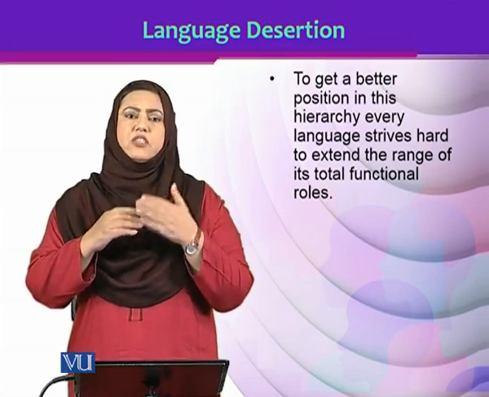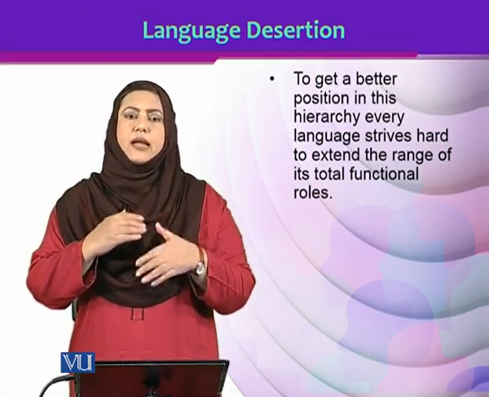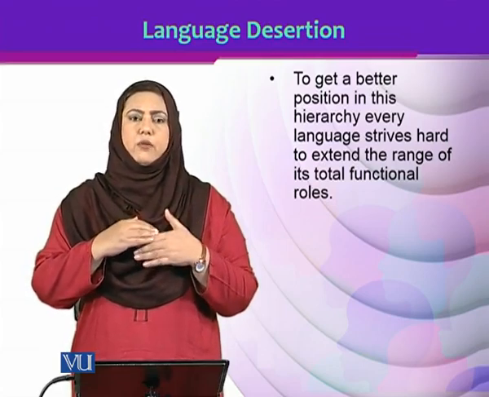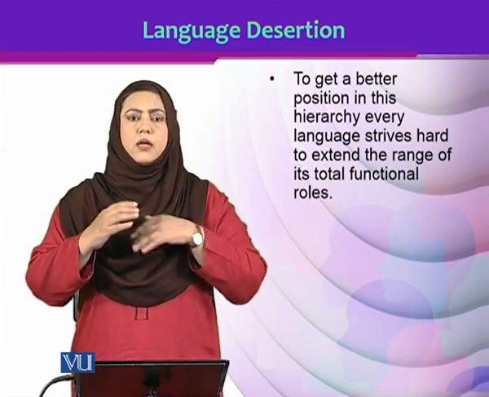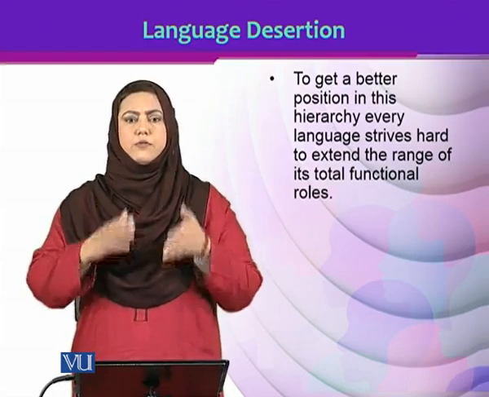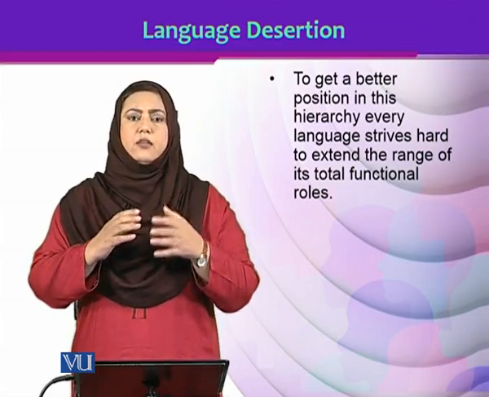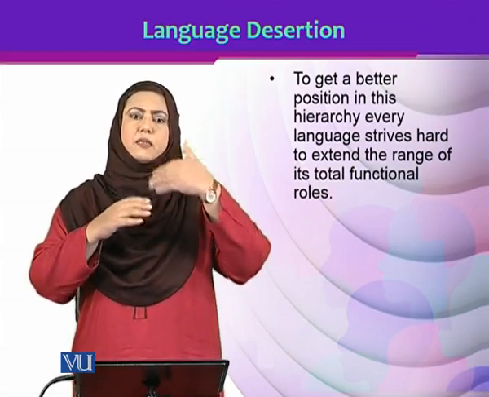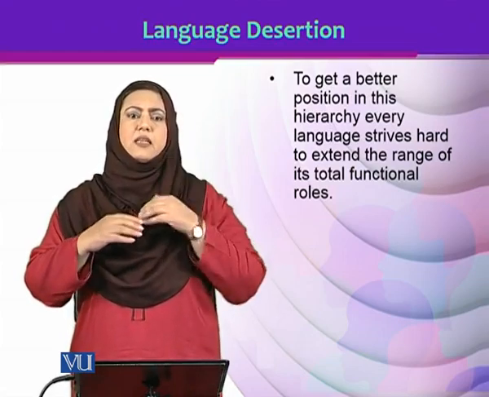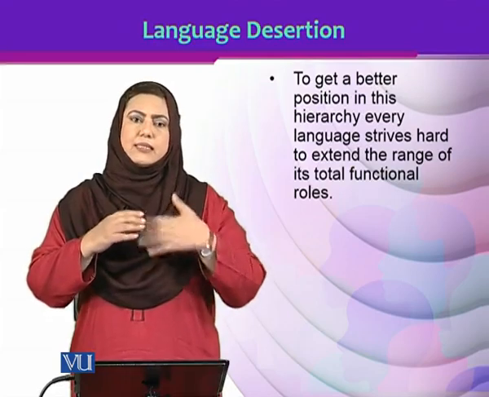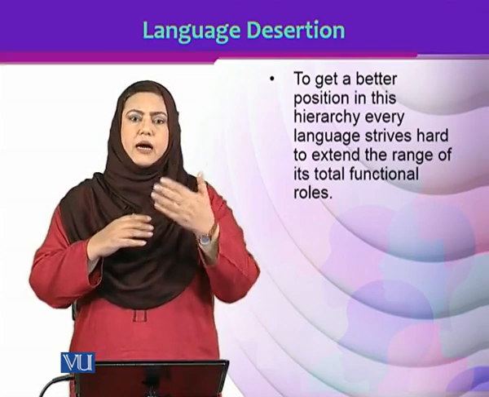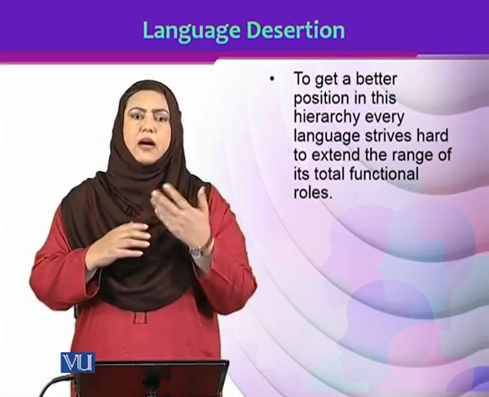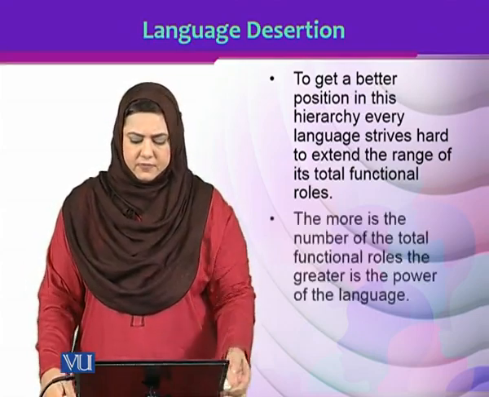And then there would be regional, local, and ethnic varieties, which would come on the lower ladders of social status. And people, in order to climb up the ladder of social status, would desert these languages and shift to the languages that have higher prestige and higher social status.